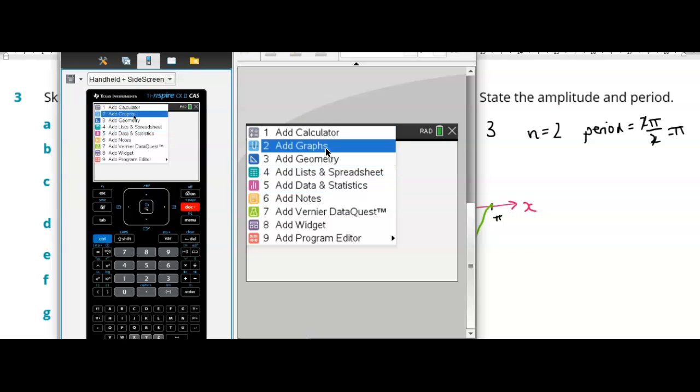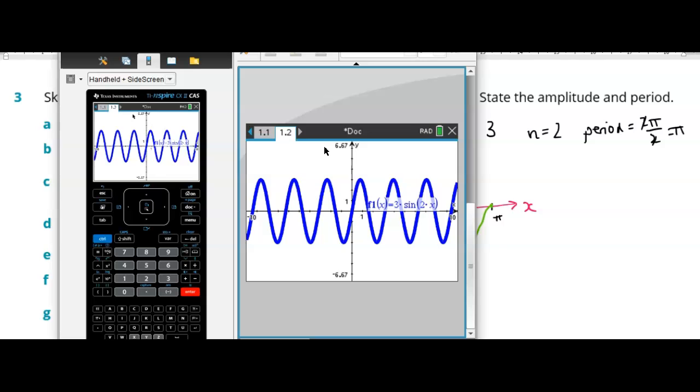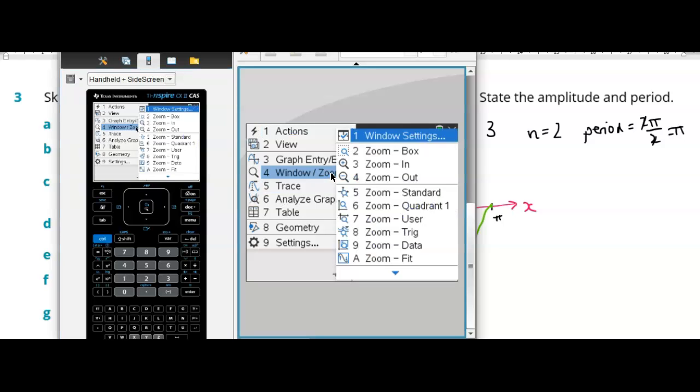So graphs. And our graph is 3 times sine 2x. Okay, so there's our graph there. You can see on our x-axis that it's in whole numbers. You can actually change that in your window settings if you like.